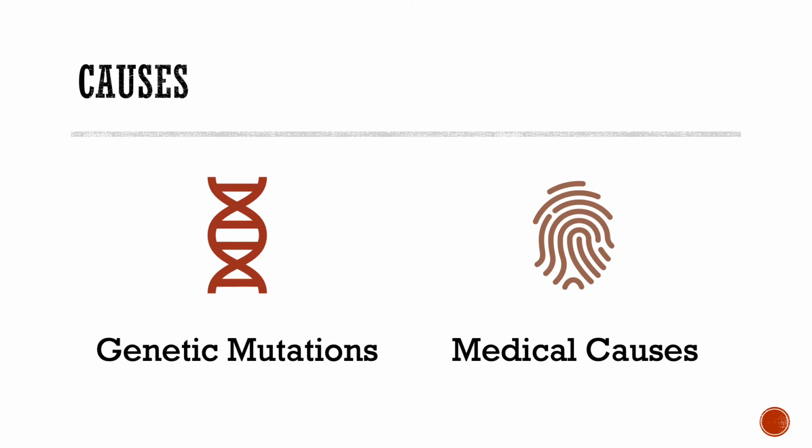Causes that are non-genetic are typically the medical causes of dwarfism. This can also result from growth hormone deficiency, but the reason behind the deficiency can be caused during prenatal or postnatal development. That is, if a fetus, baby, or child is not receiving the proper nutrients that are needed for growth and development. These are usually treatable.